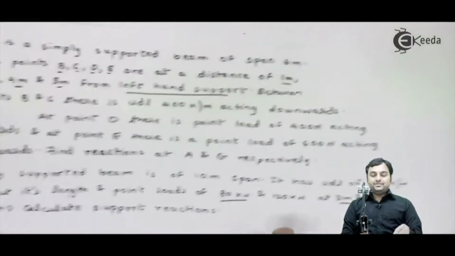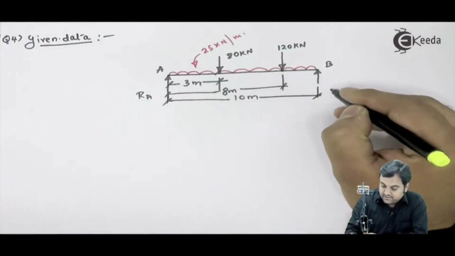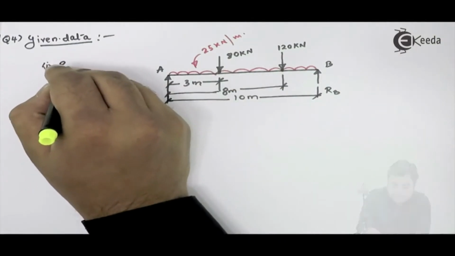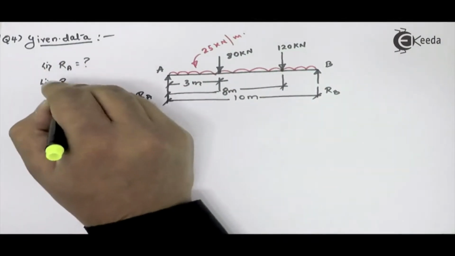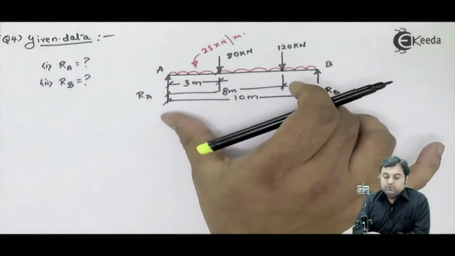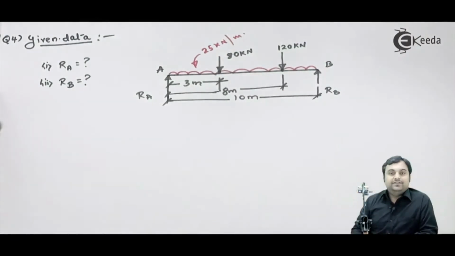Calculate support reactions. It means if I say here the reaction is Ra, here Rb, we have to calculate both the values. So now whatever this UDL is given, first I will convert this into point load and then start the solution.